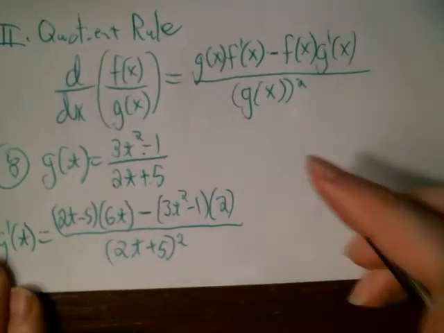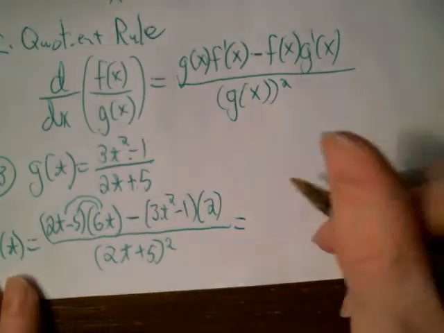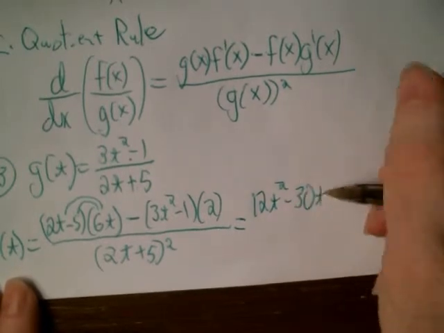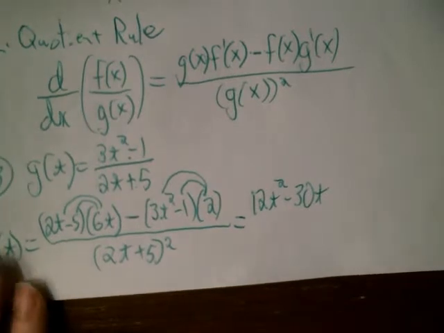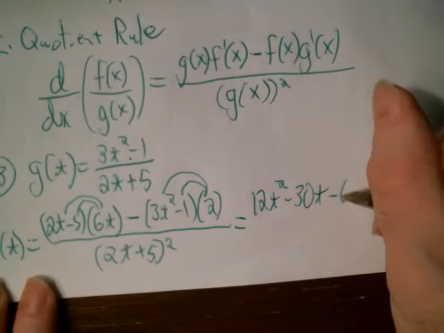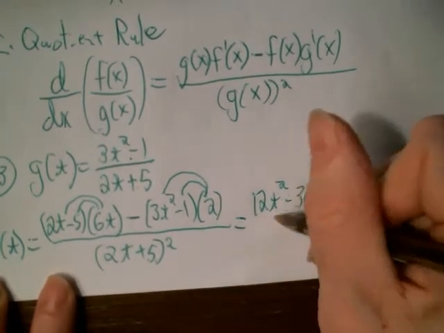Okay, then we need to clean this up. So distribute. So I have 12t squared minus 30t. Distribute here. Okay, and I'm distributing this negative 2 at the same time. So it's really negative 2 times 3t squared is negative 6t squared. Negative 2 times negative 1 is plus 2.